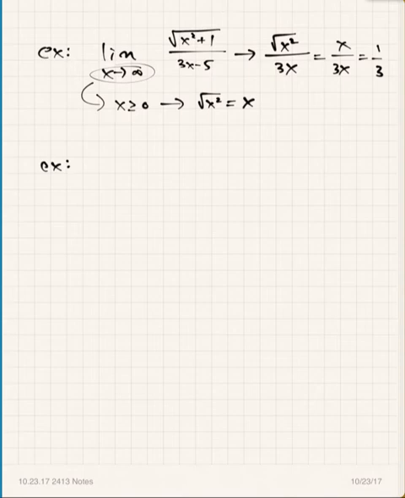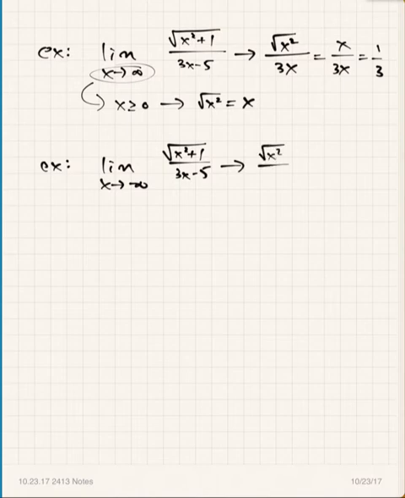So let's look at the limit as x goes to negative infinity. So you have the square root of x squared plus 1 over 3x minus 5. Doesn't matter that x is going to negative infinity. This is still a dominant term situation here. So in the numerator, you get the square root of x squared. The denominator, you get 3x for the dominant terms.